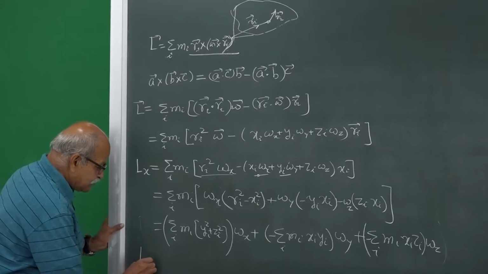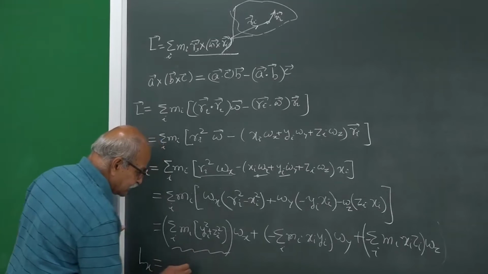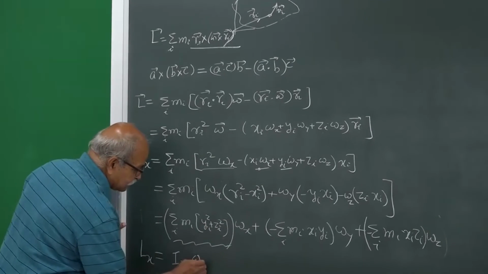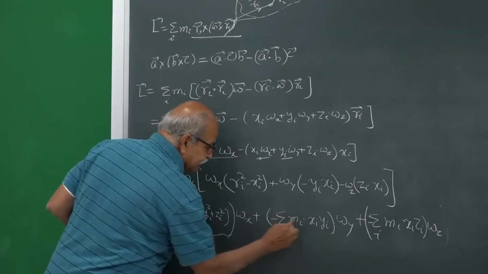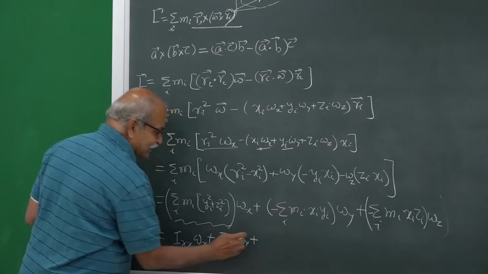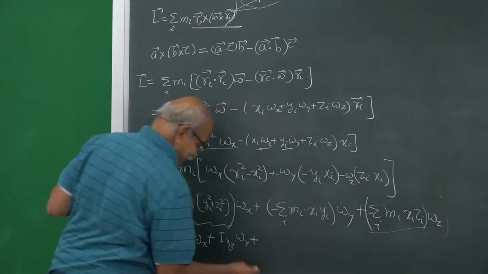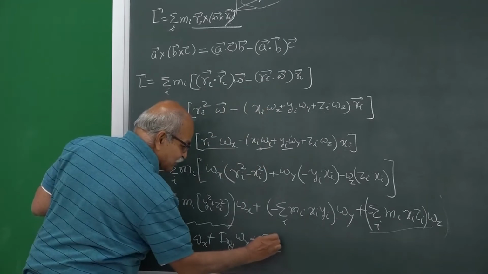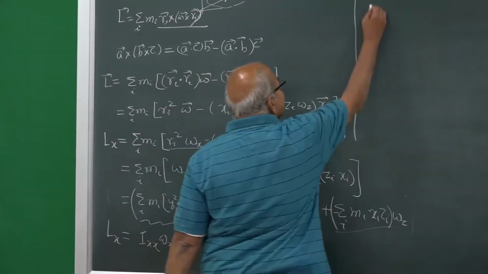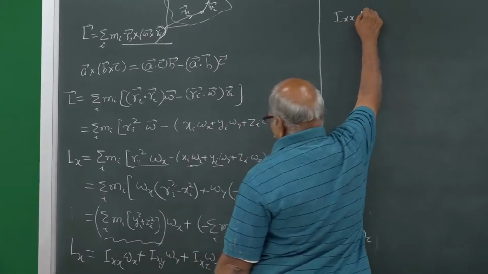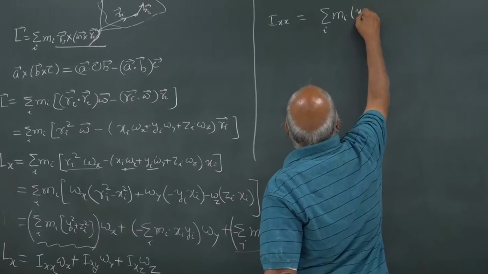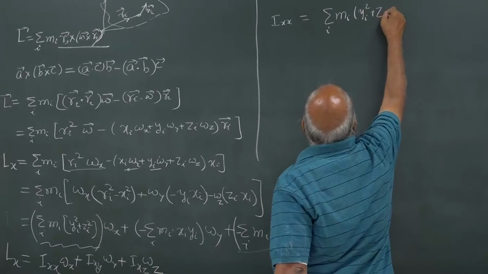So, for symbol I am writing this as I_xx omega_x, plus let us write this as I_xy and omega_y, plus this is I_xz and then omega_z, where I am writing I_xx for summation over i m_i (y_i square plus z_i square).